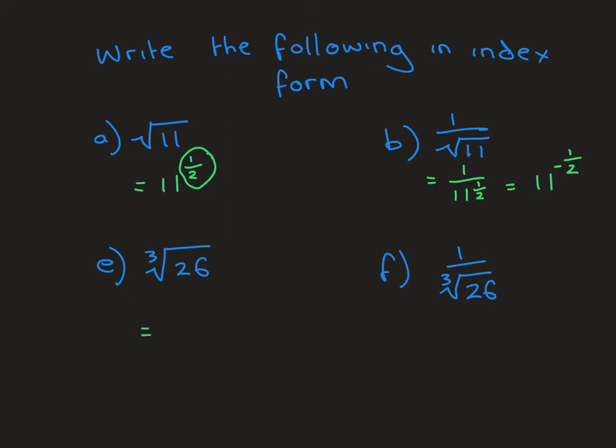So E, we've got a cubed root there. So this is going to be equal to 26 to the power of 1/3, because our cubed root is to the power of 1 over 3.